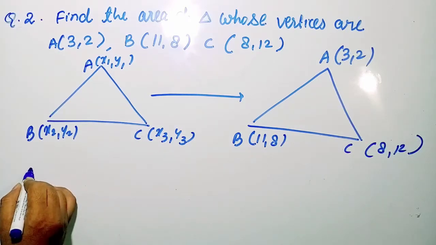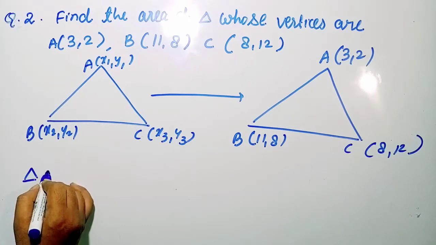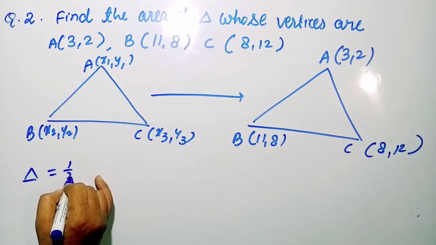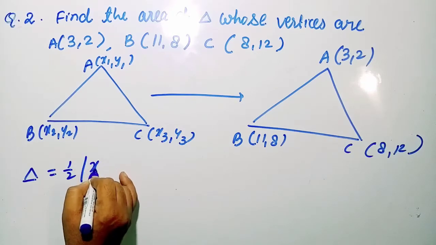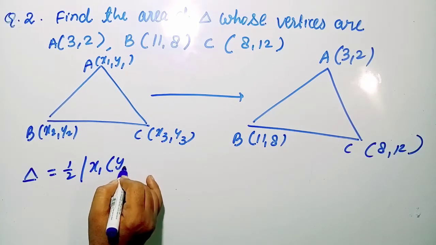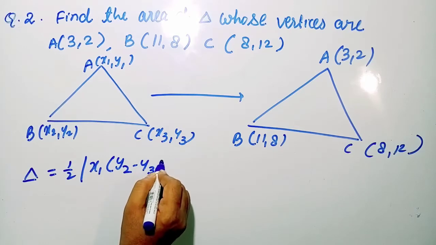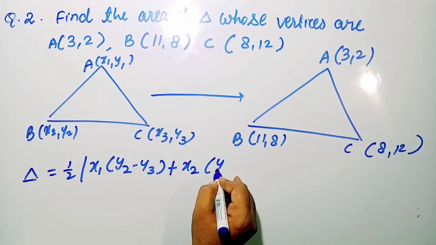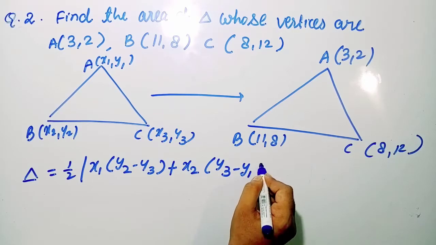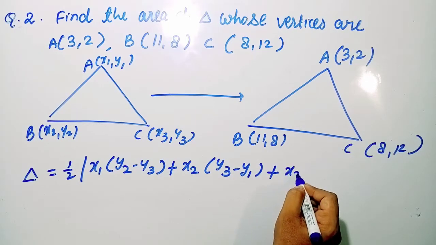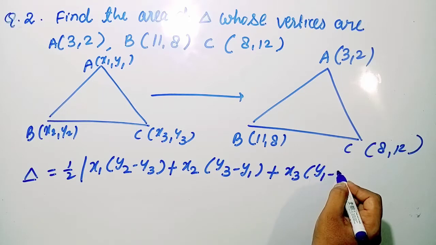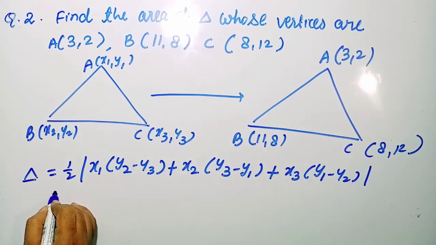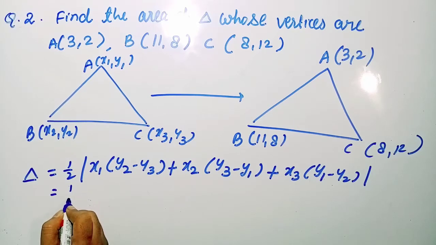Now applying the formula of area of triangle, area of triangle is 1 by 2 modulus x1 (y2 minus y3) plus x2 (y3 minus y1) plus x3 (y1 minus y2). Okay students, this is the formula to find the area of the triangle.